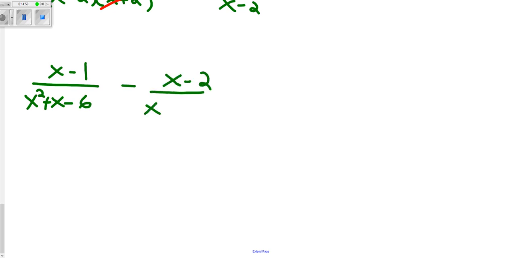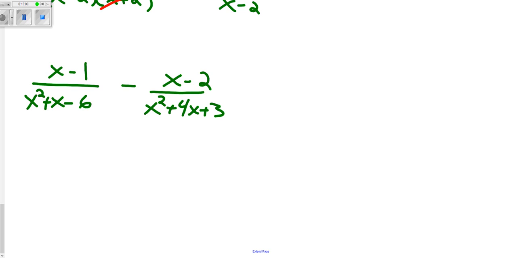Let's do a subtraction one. X minus 1. Okay, so what I want you guys to do, factor it down and determine what the common denominator is.